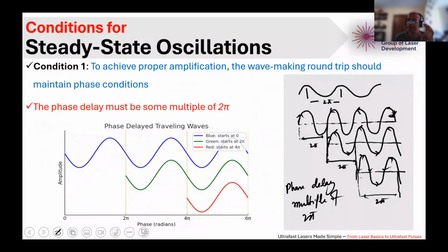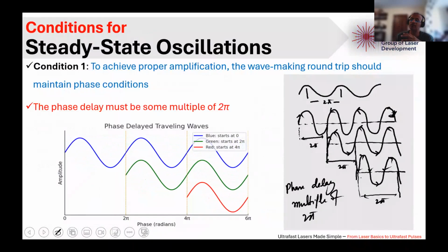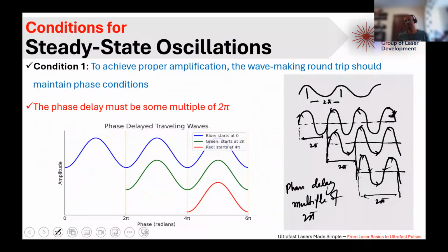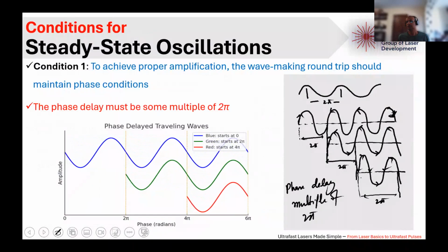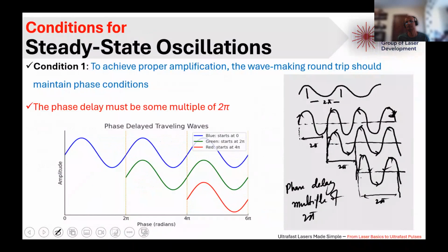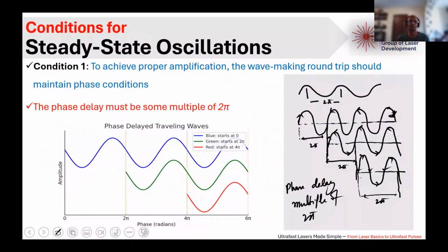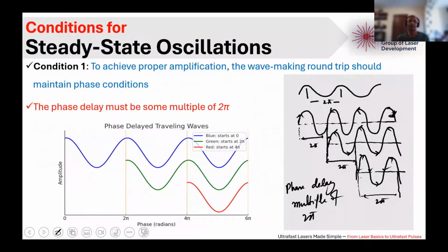So, condition 1. There are so many waves in the cavity. Even though we think there may be 1 wave, 2 waves, 3, it's not like this. It's always there.